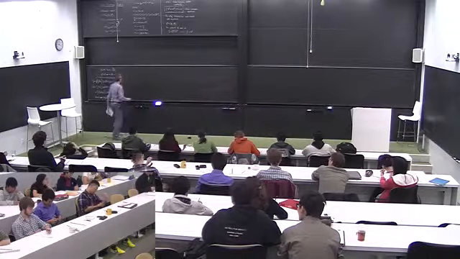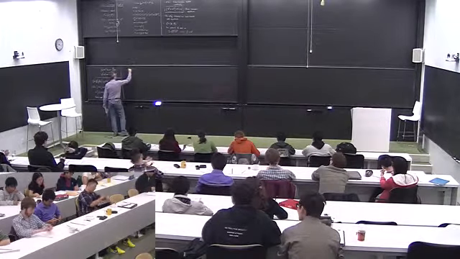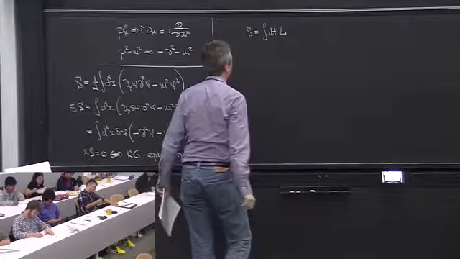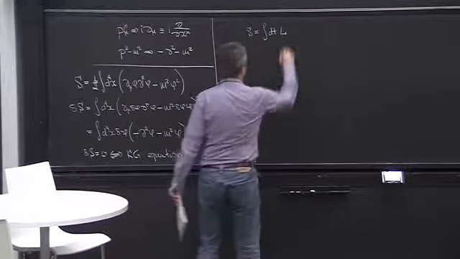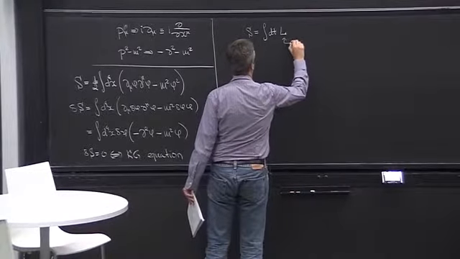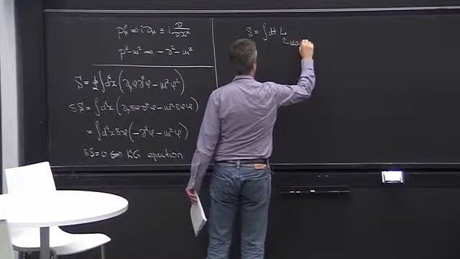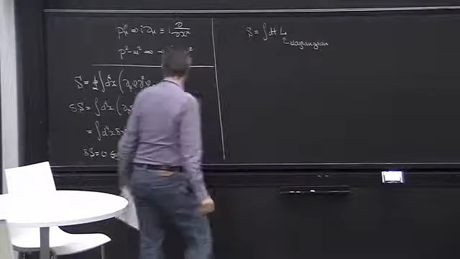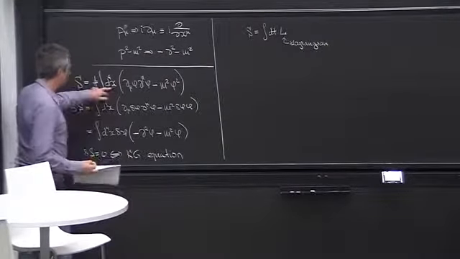So, well, in classical mechanics, the action is written as an integral of the Lagrangian. So here you see that we have four-dimensional integrals.